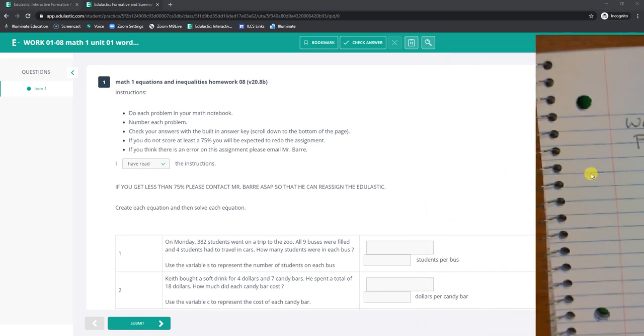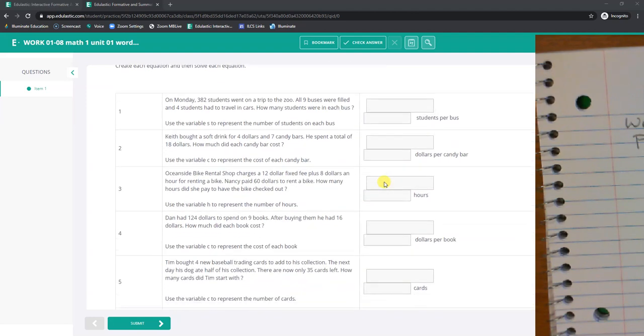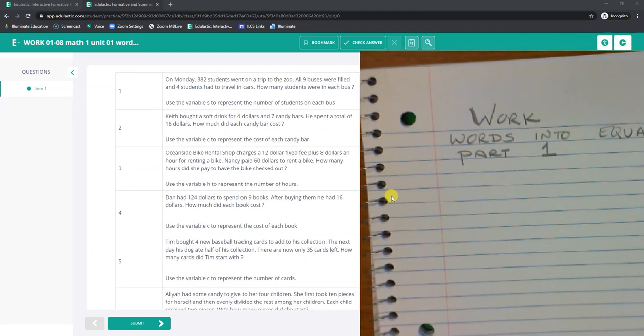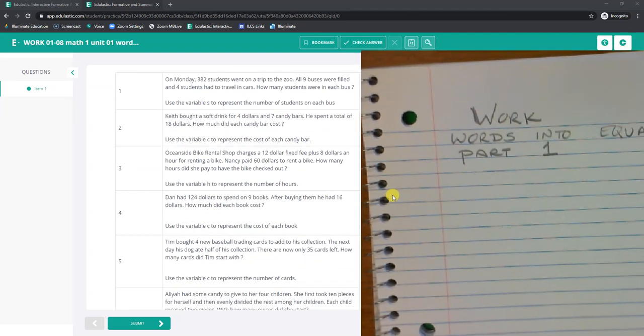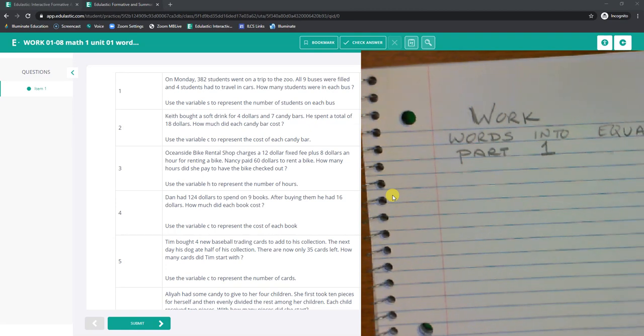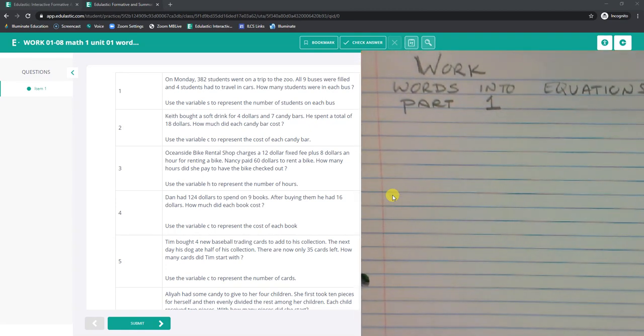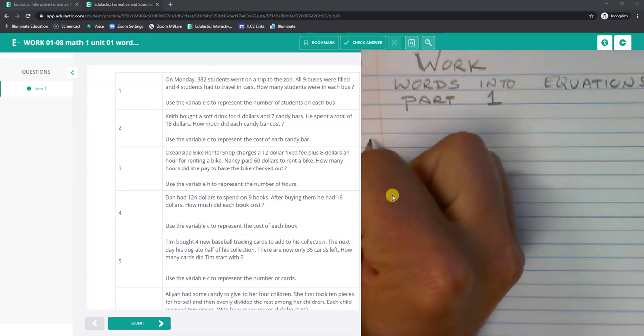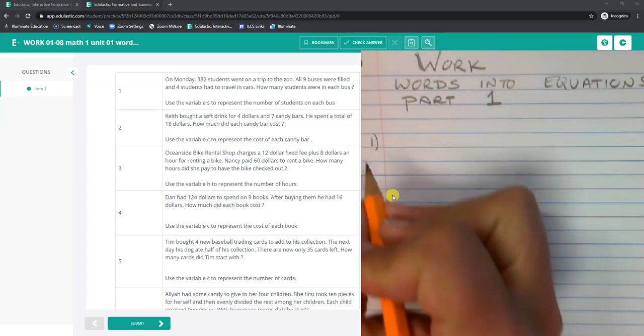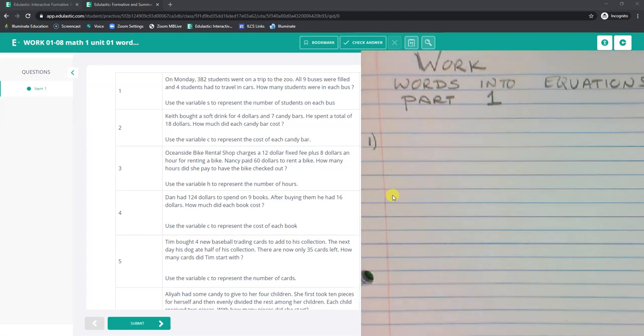Oh, wow. Here we go. I'm going to build some equations here. So number 1, going to the zoo. S is students on each bus.